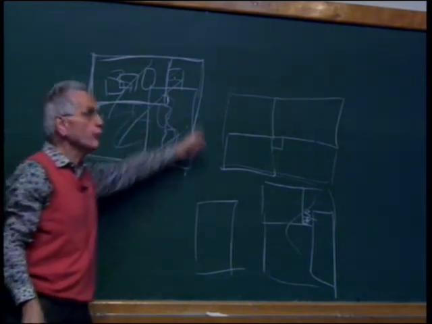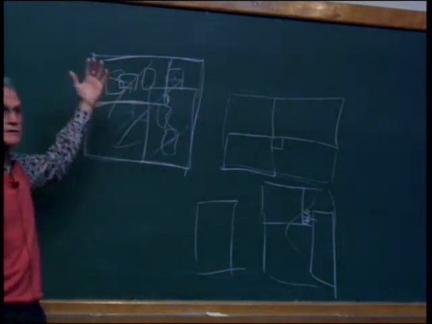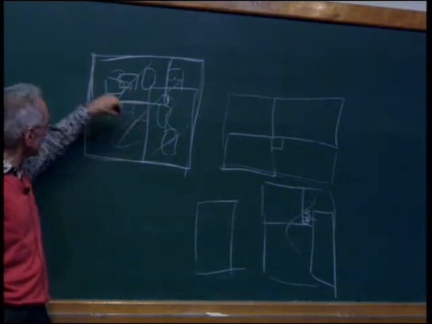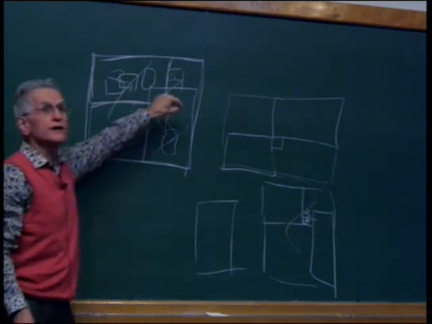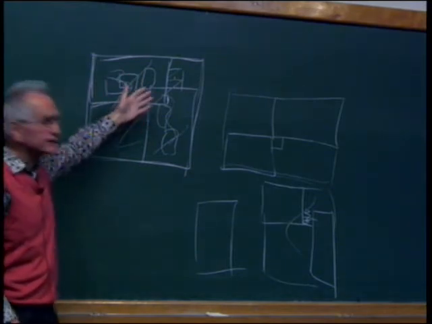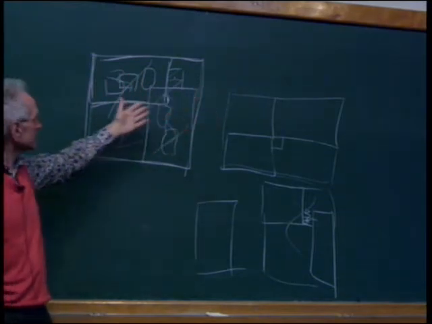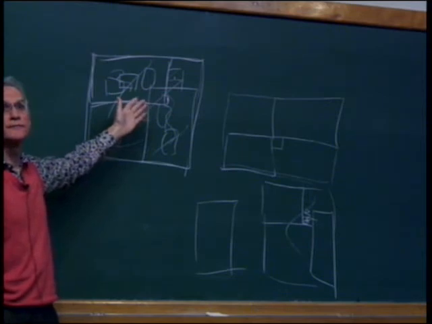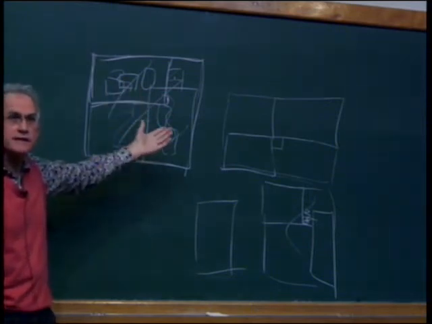So how was the whole lot infected? It was infected on the basis of the infected cells you can find in the rectangle itself. Is it clear?